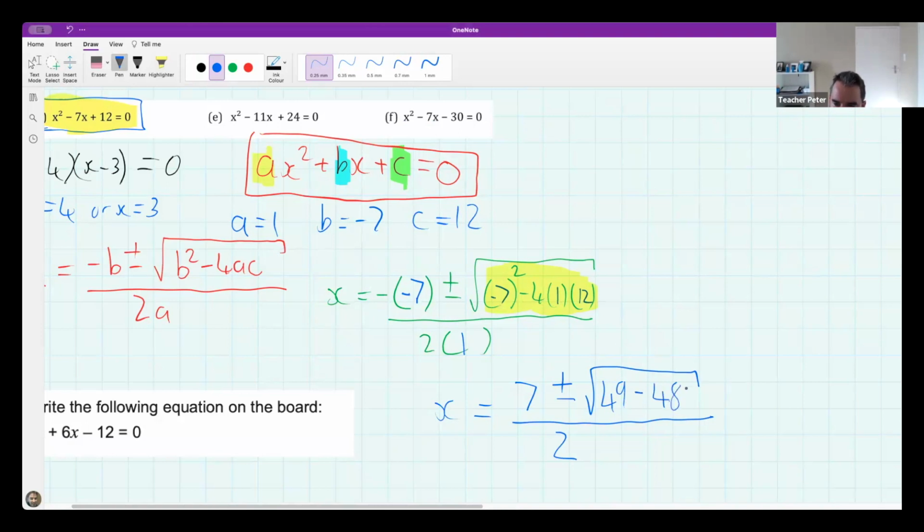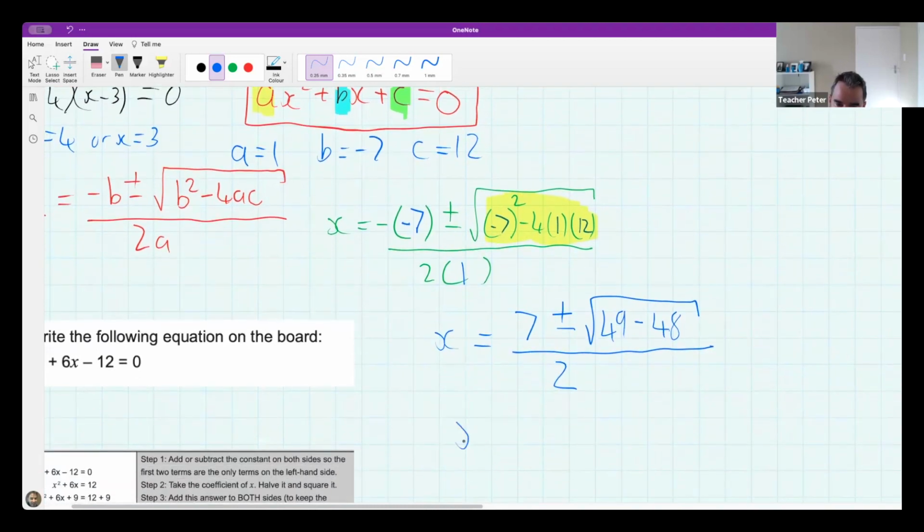I think that is -48. So be careful here, because when you square the -7, you get 49. And then when you've got -4 times 1 times 12, you actually end up with x is 7 plus minus square root of 1 over 2.